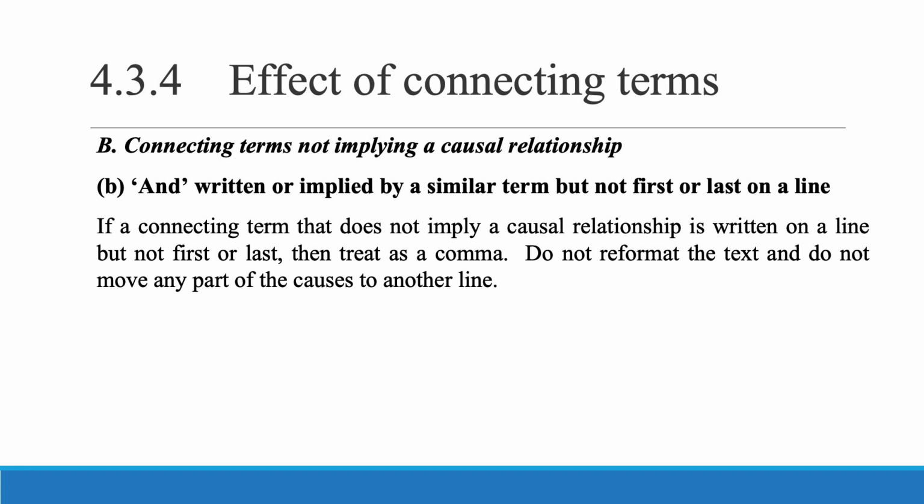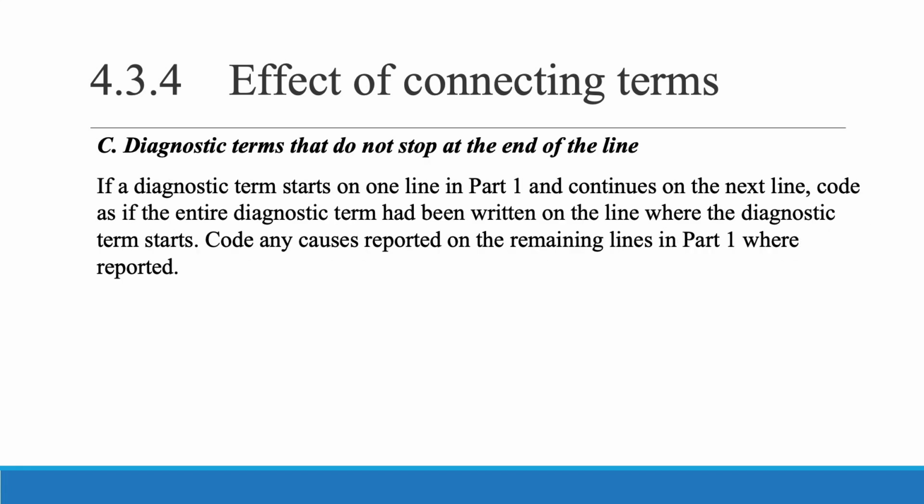In this case, in other words, we're not moving our codes around. When the certifier uses the word "and" between two causes of death, neither at the beginning nor the end of the line, just this cause and that cause, we code them both on the same line together where reported. This is included as an effective connecting term, but it's not really exactly that, but it's an important thing that involves us formatting or placing codes so as to accurately reflect what the certifier is reporting.